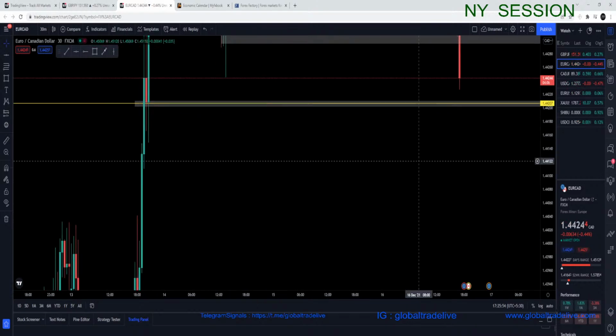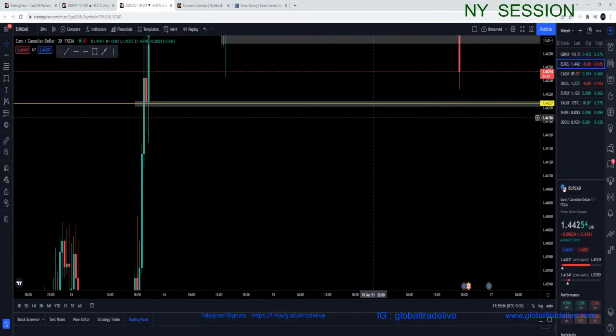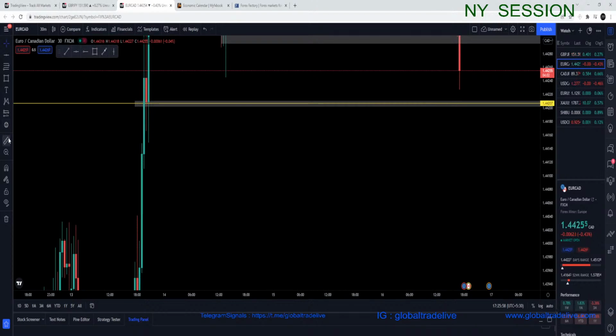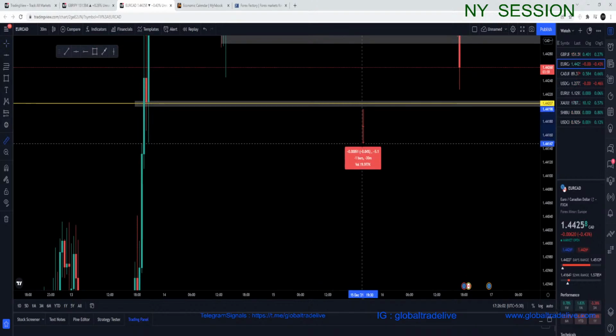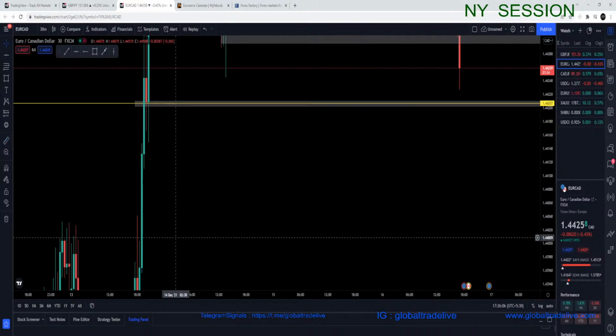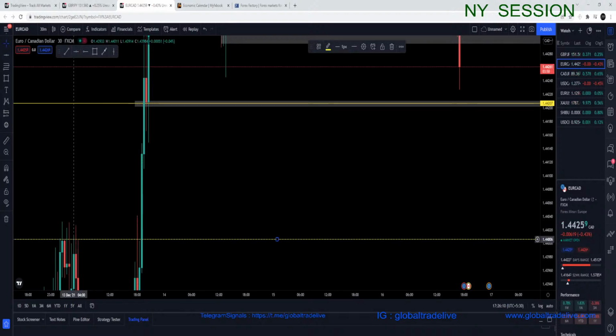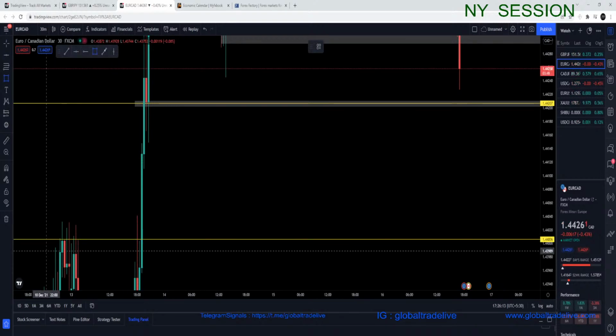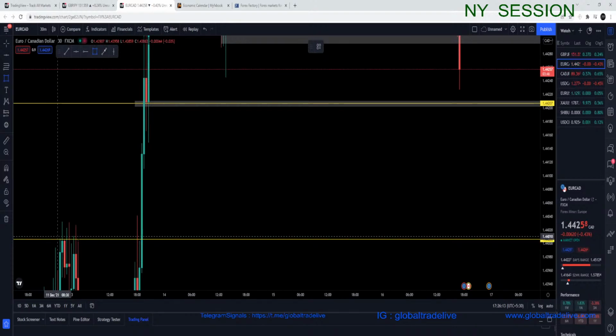So if I get a candle closing below 1.44207, I'm gonna take a sell trade. It will go down to fill these wicks first, but after that it will be moving all the way down, at least to this level, I think. But that's the game over here.